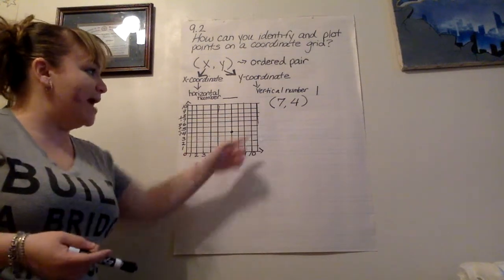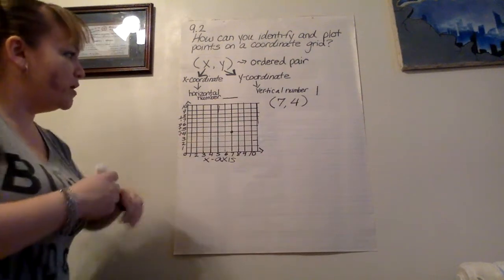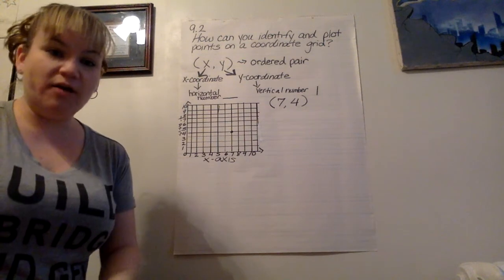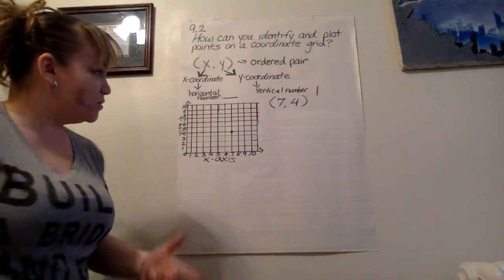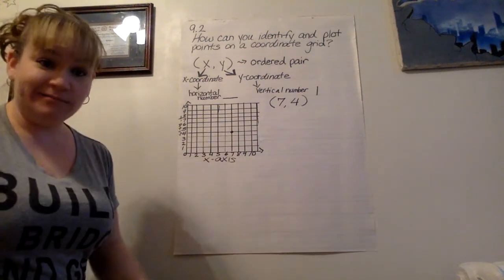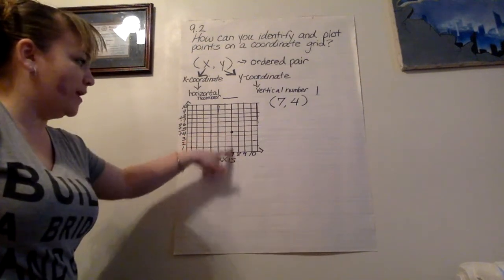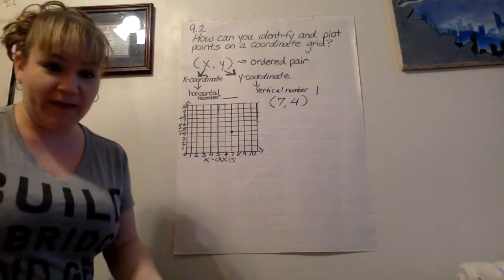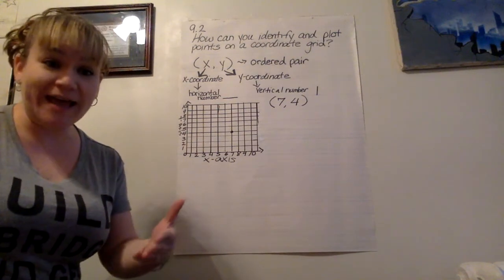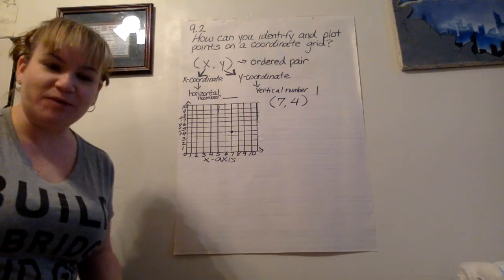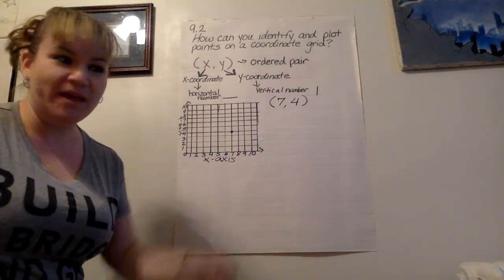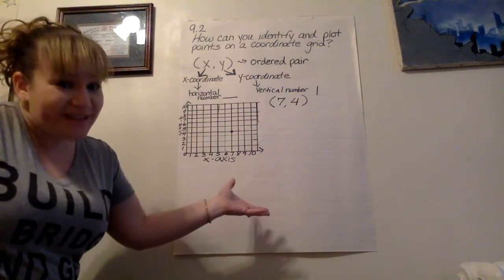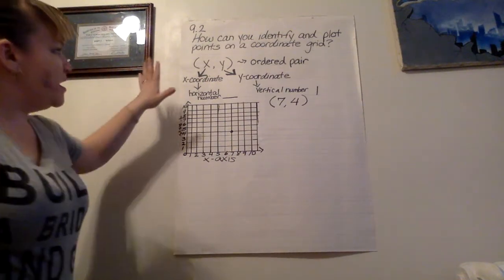You can label it with the numbers 7, 4, or according to the directions, you could also give it a letter if the directions tell you to. So point A is located at 7, 4. This totally reminds me of Battleship. If you have the game Battleship at home and you play it, you would understand, where you're trying to shoot the ships or sink them, and you have to use a certain ordered pair. So it's like that.